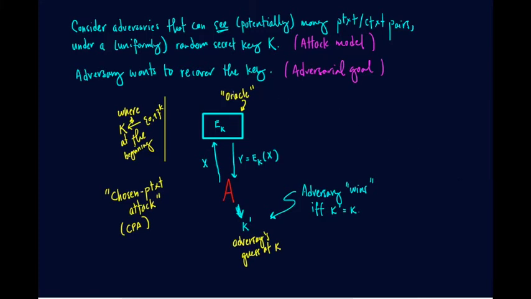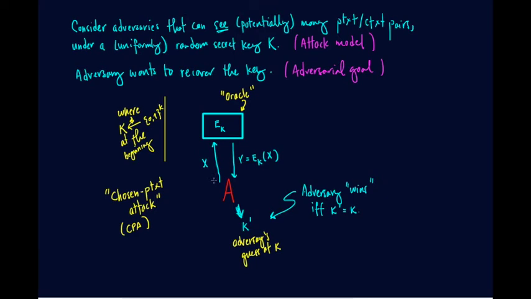So what have we got? At the beginning of this experiment, a key k was picked from the set of keys for the block cipher, and the block cipher under that key k was put into this oracle box. Then we have an adversary A that runs. It's given access to this oracle.